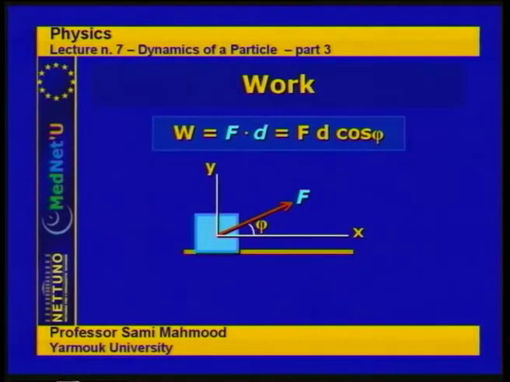So F cosine phi is the component of force in the direction of the displacement, times the displacement, since only this component is responsible for changing the velocity or accelerating the object, and thus changing its kinetic energy and leading to the transfer of energy. So this is the definition of the work done by a constant force.